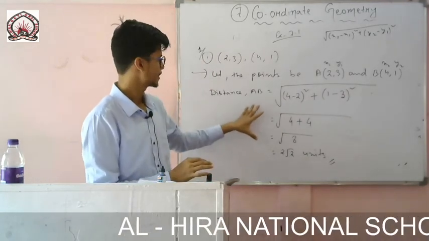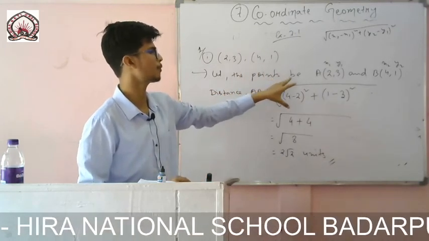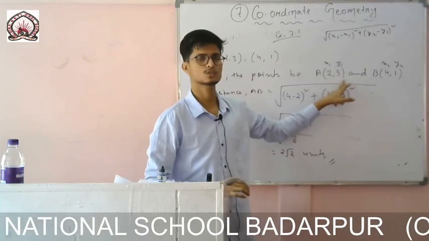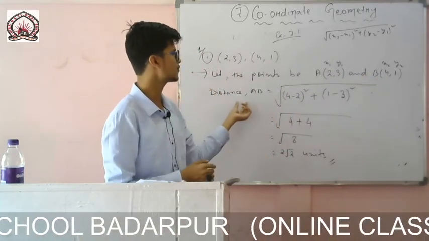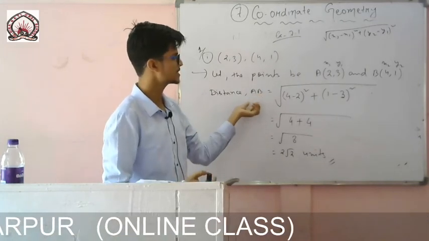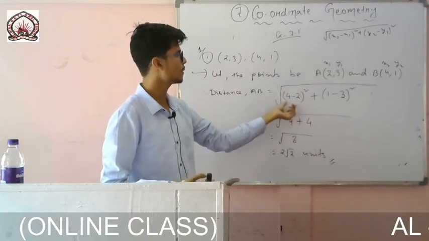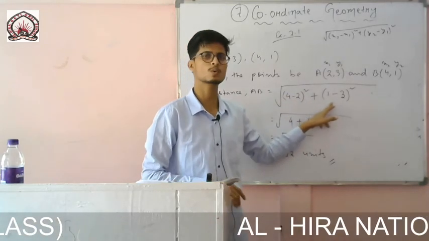Is it clear? You see what I have done: two points are given, so I have written let the points be A 2 comma 3 and B 4 comma 1. I have named the points. Now the question is to find the distance between A and B, so it will be AB. So distance AB will be equal to root over x2 minus x1 whole thing square plus y2 minus y1 whole thing square.